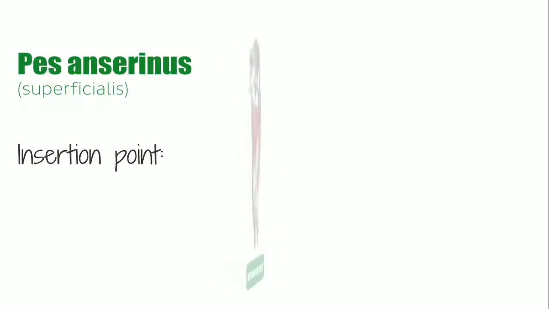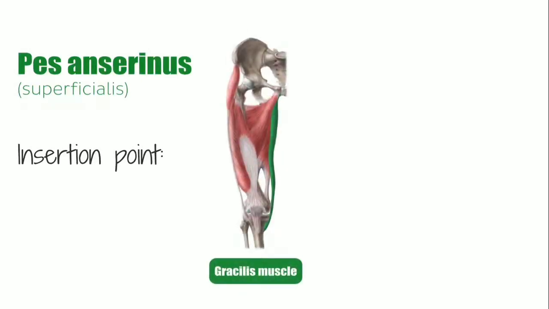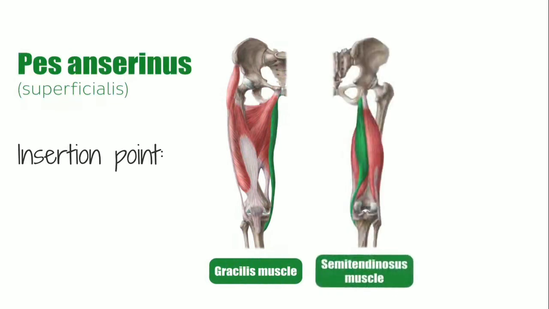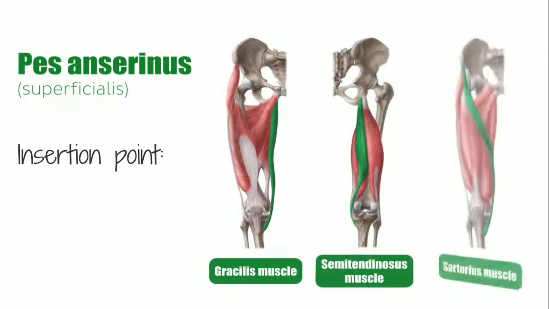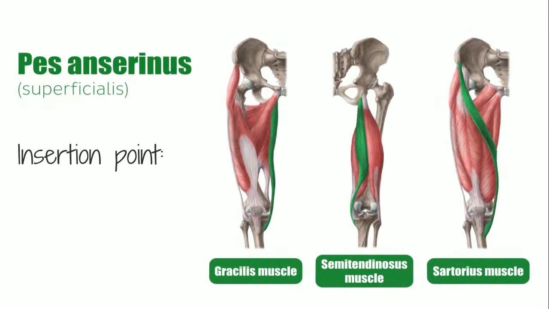These are the gracilis, as we saw before, the semitendinosus muscle, and the sartorius. All these three muscles go all the way to the medial proximal surface of the tibia to then insert on this insertion point called the pes anserinus.